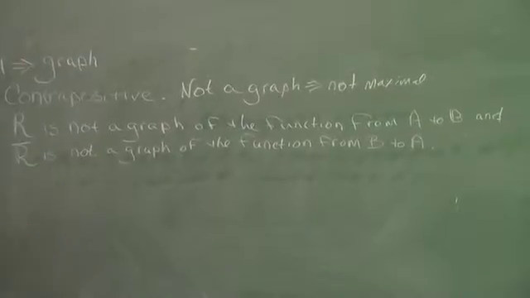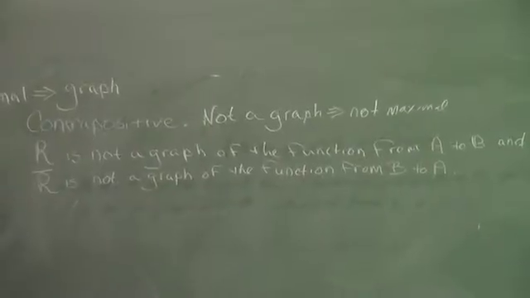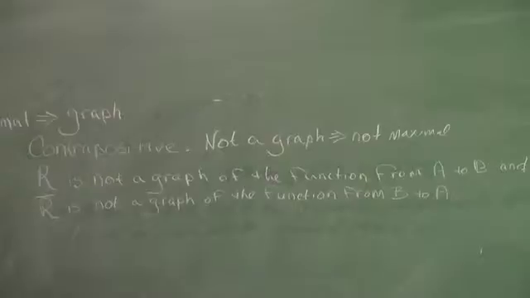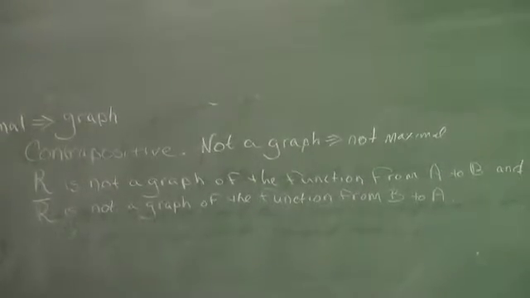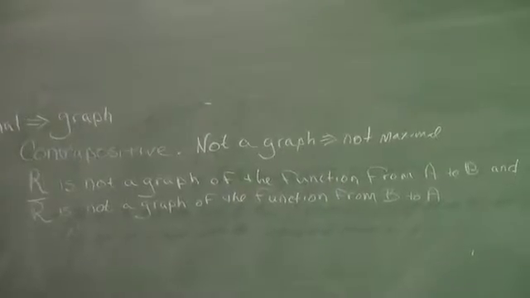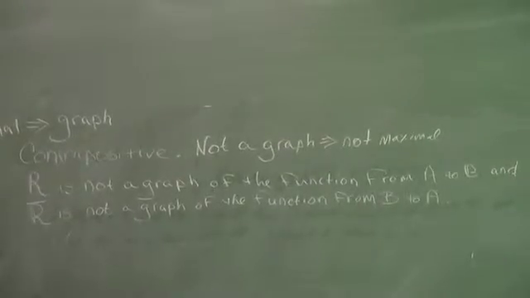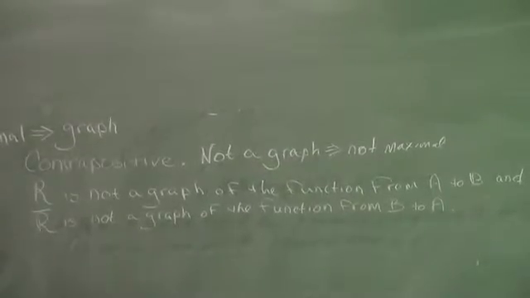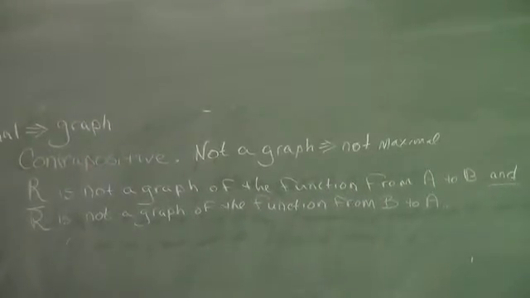So we could choose one to leave out? No, neither works, right? R is not the graph of a function. Because the claim was it is either the graph of a function from A to B or B to A. If it's neither, then R is not the graph of a function from A to B, and R bar is not the graph of a function from B to A, right?